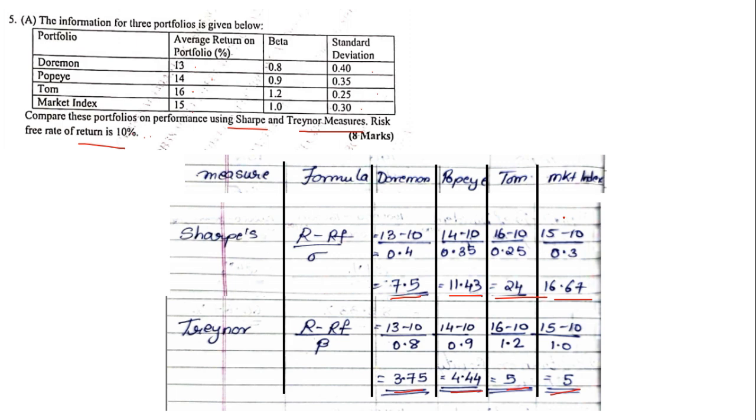Okay, after this, the last question, 5b. The expected return and betas are given, and the risk-free return is 7 and market return is 12. Calculate the return under the CAPM method for all, and say whether it is undervalued, overvalued or at par.